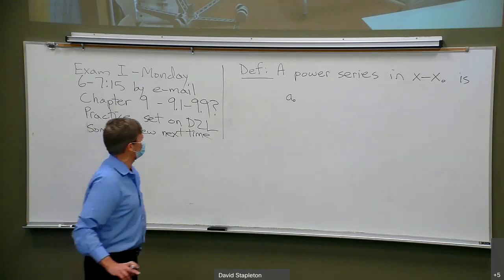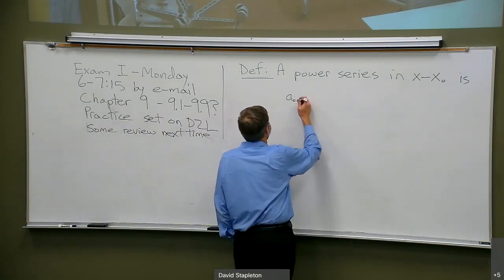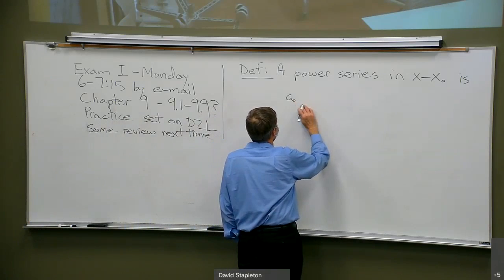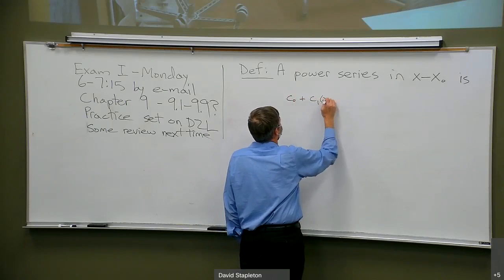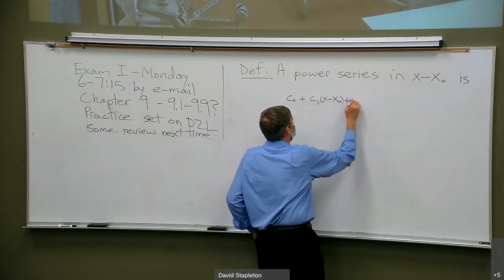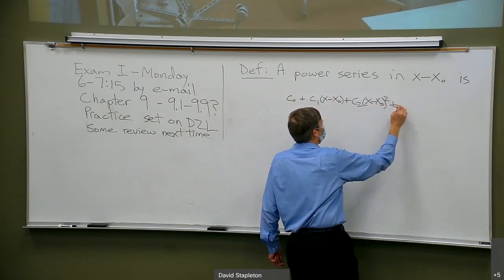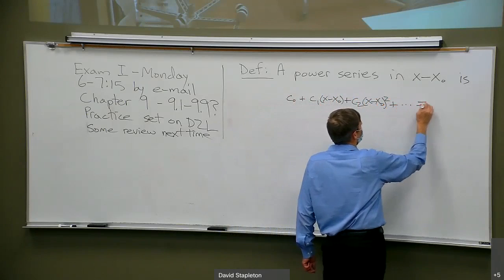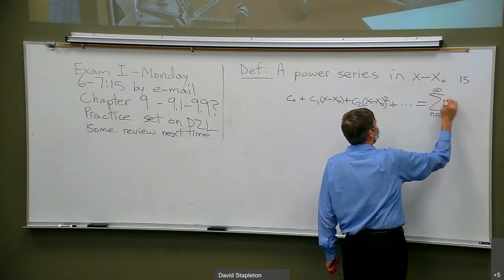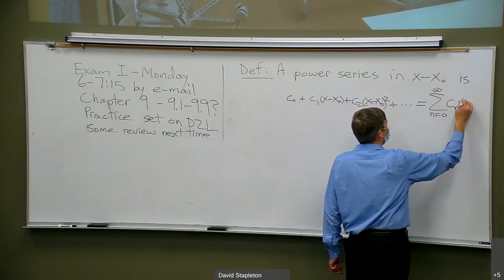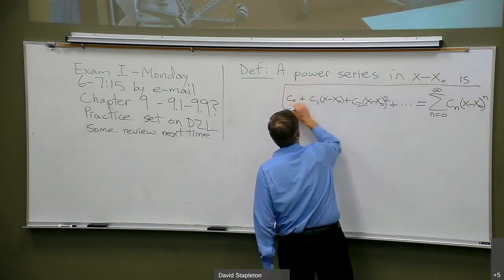I think they use C's, thinking about it. C0 plus C1 times (x minus x naught) plus C2 times (x minus x naught) squared plus dot, dot, dot on forever. It can also be put in sigma notation: the sum from n equals 0 to infinity of Cn times (x minus x naught) to the n. That'll be called a power series.